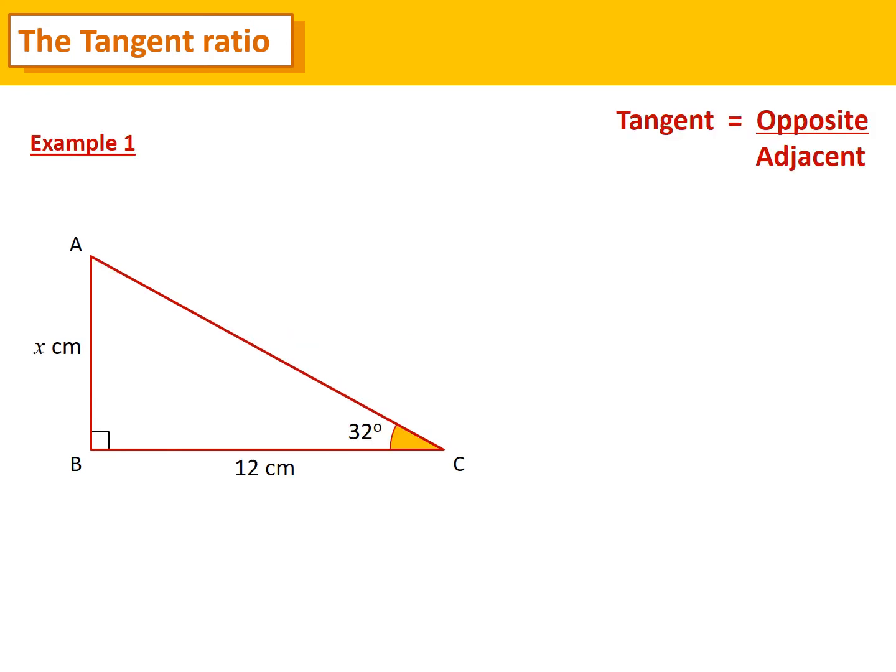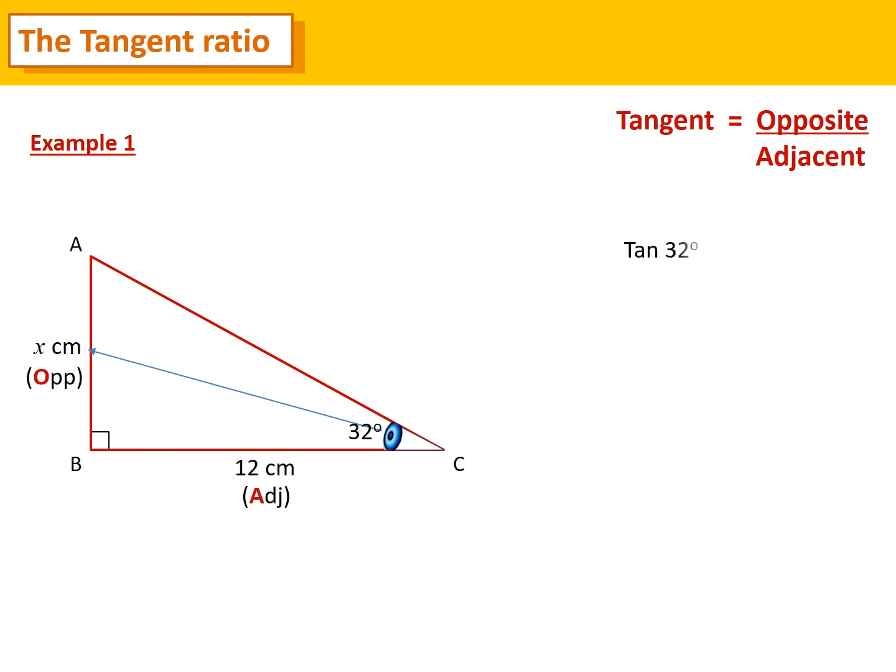Let's apply what we know so far about the tangent ratio to this example to solve the problem, which is trying to find the length AB marked in as X on the diagram. To the angle at C, X would represent the opposite side. Remember, the eye of the angle looks at the opposite side.